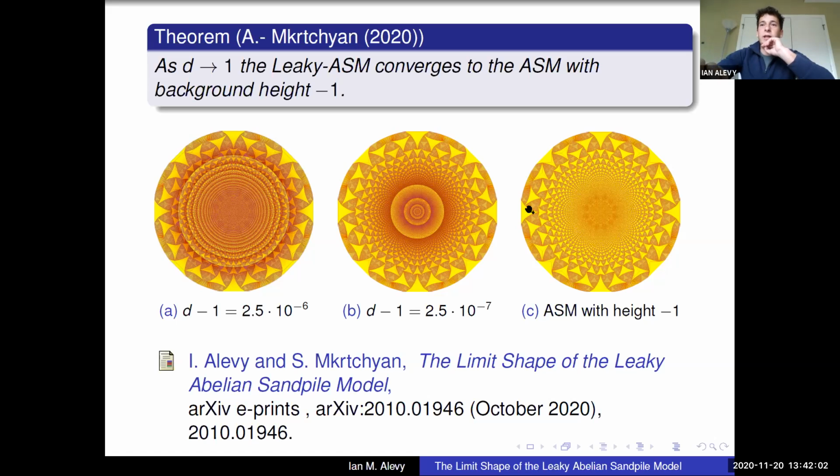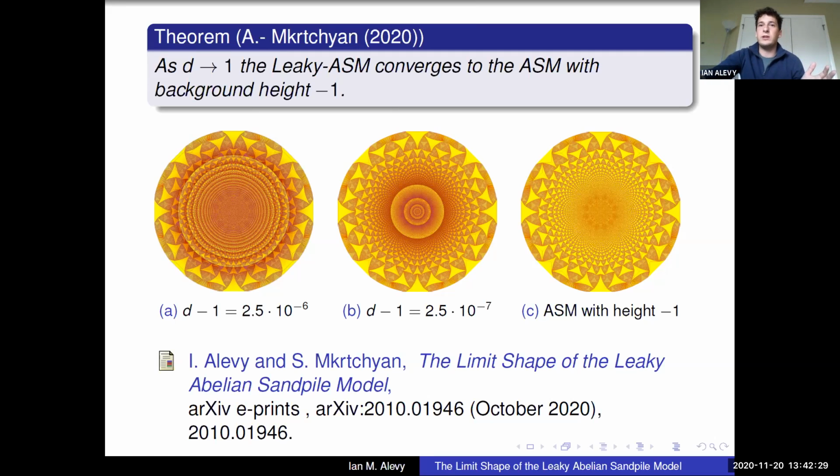So here I have some simulations that show you what the limit shape looks like as D converges to 1. In this first picture, we see what happens when D is relatively large. Okay, there's some fractal structure appearing here, but on the inside, you don't see very much fractal structure. And this is what we saw in the case of our first theorem.